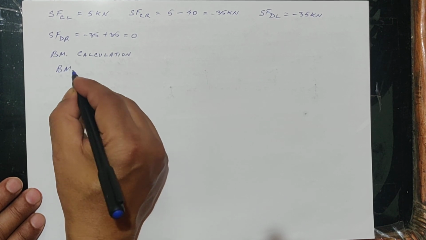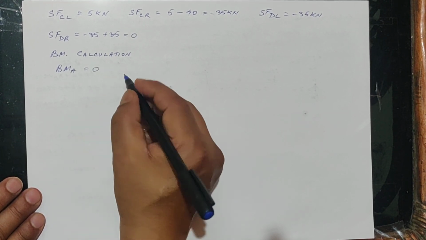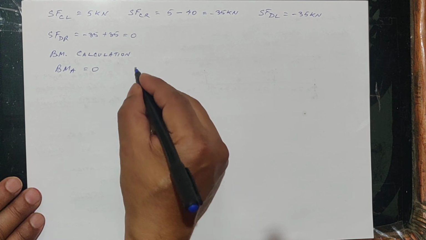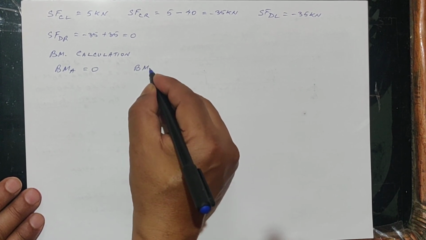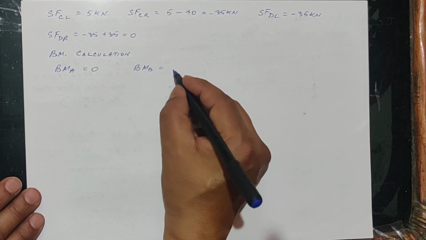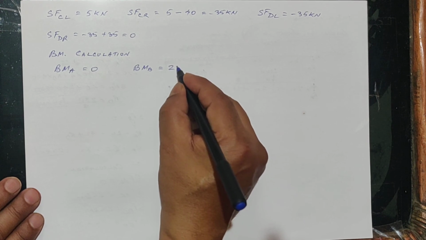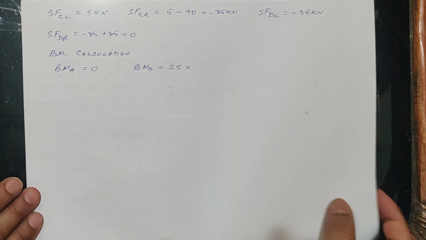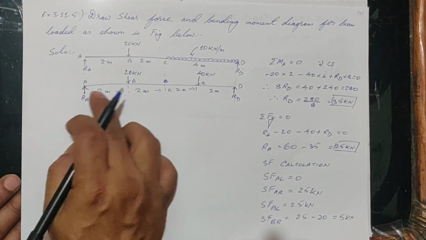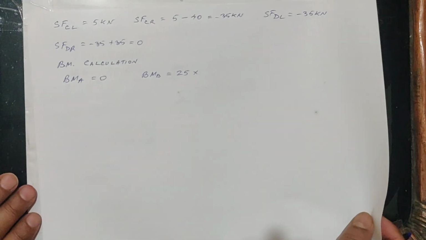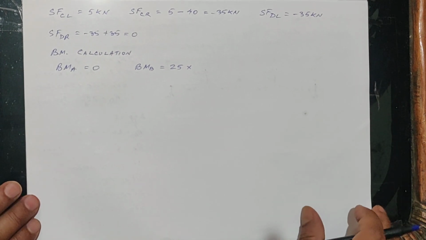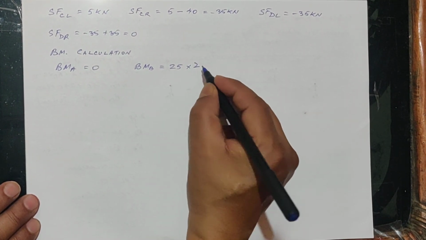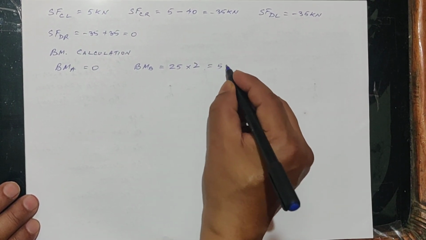BM at A is equal to 0. BM at B is equal to 25 multiplied by the distance. This distance is 2, so it will be multiplied by 2, which is equal to 50 kilonewton.